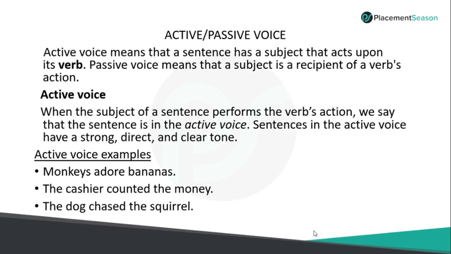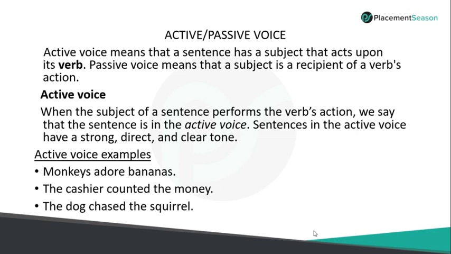Active voice means that a sentence has the subject that is acting on the verb, or the subject is actually doing the verb. In passive voice, the subject becomes the receiver of the verb's action.